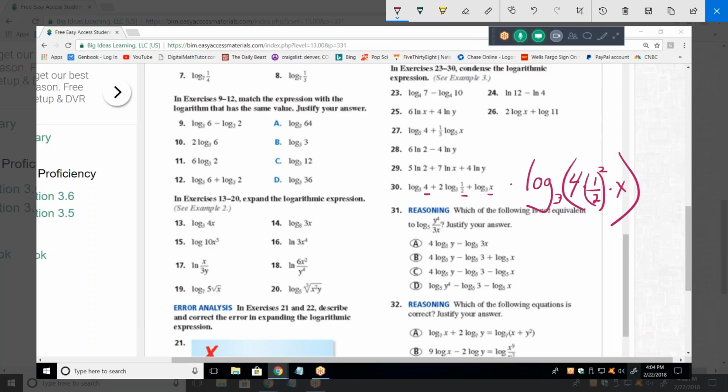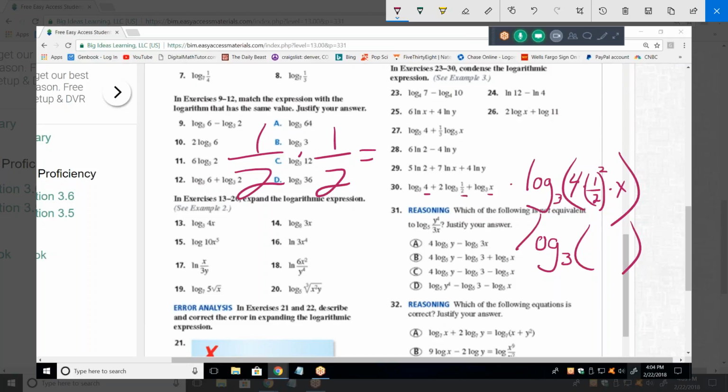And now you can simplify that argument a little bit. Simplify the argument. What do you get? Log base 3 of 8x. What's 1/2 squared? 1/2 times 1/2. 0.25. So 1/4.